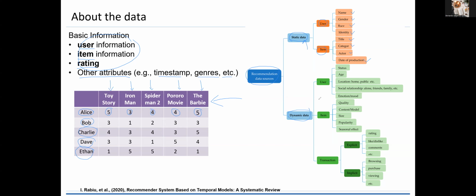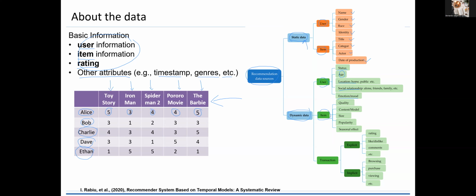But some of it might be dynamic data, such as the user status. So user status can change. And user age, every year the age will change. Location, social relationship, emotion, something that might change according to time.